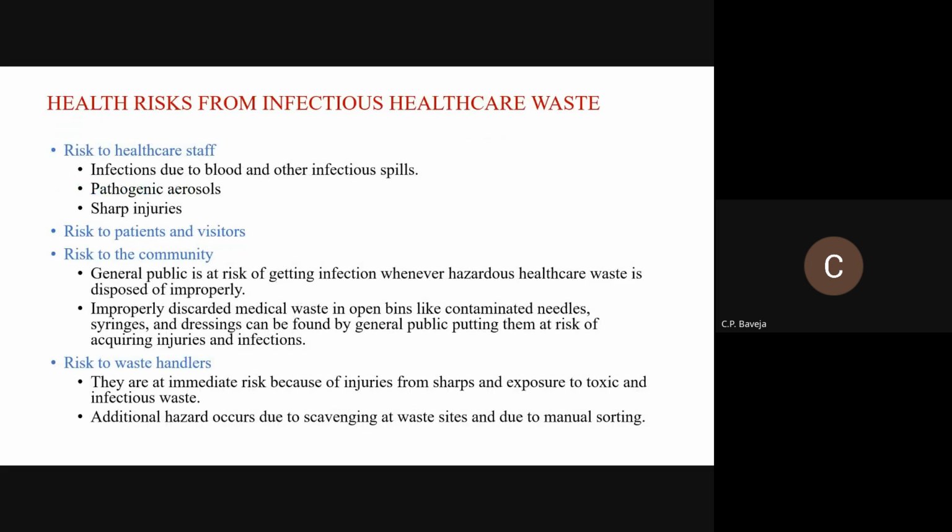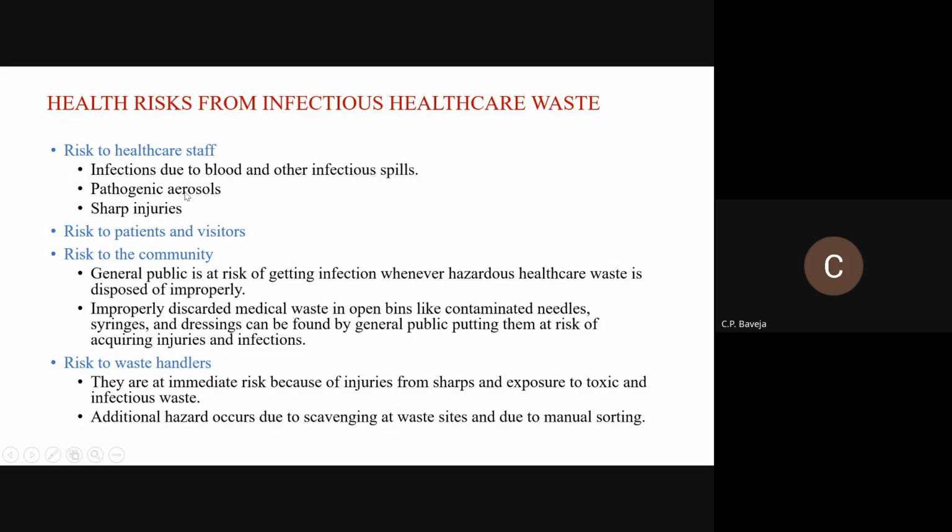Then health risk from infectious healthcare waste. Risk to healthcare staff: as I told you, doctors, nurses, etc. Infections due to blood and other infectious spills; if a spill has occurred, one can also get pathogenic aerosols.